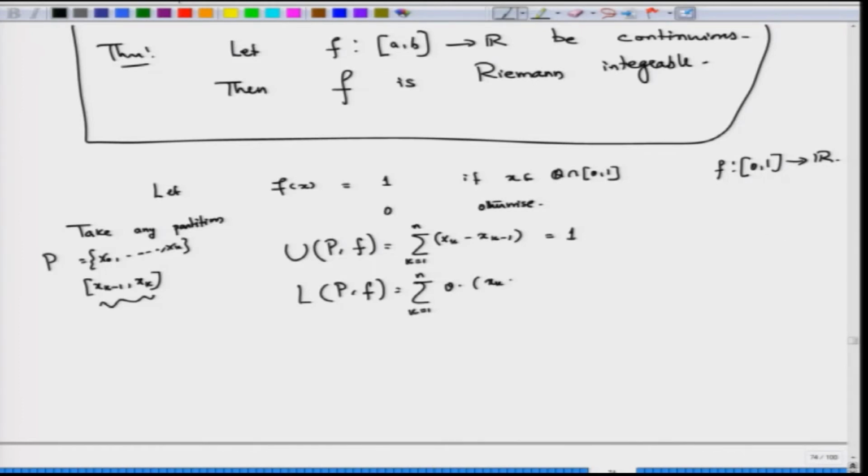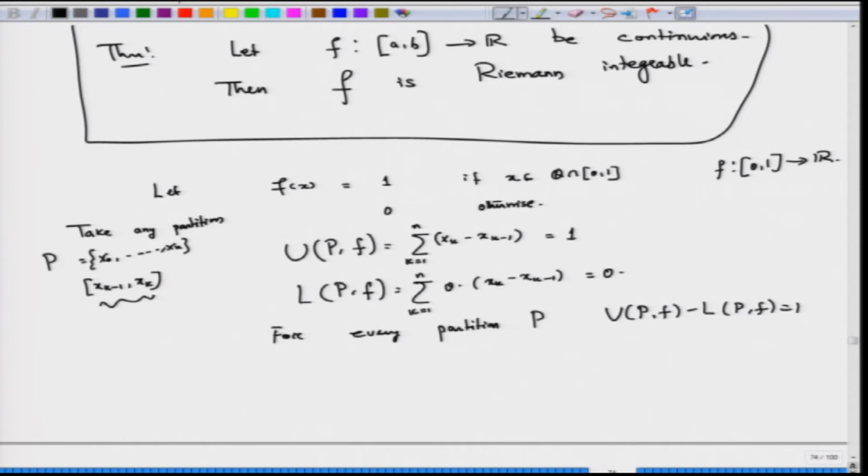Therefore, the minimum is going to be 0. So, this is 0 times x_k minus x_{k-1}, which is equal to 0. So, for every partition P, U_P f minus L_P f is equal to 1. So, it can never be small.